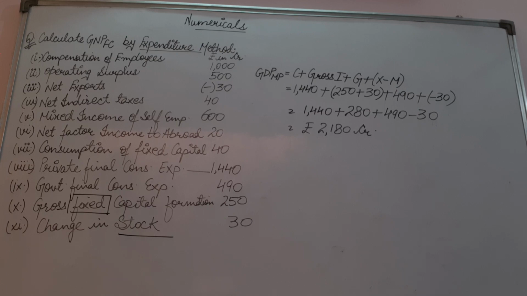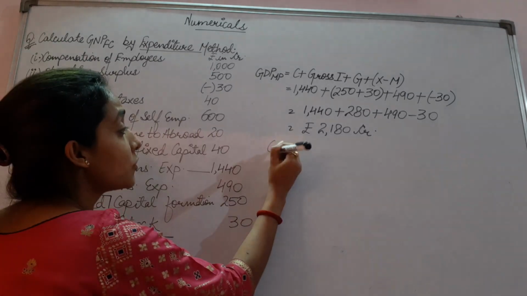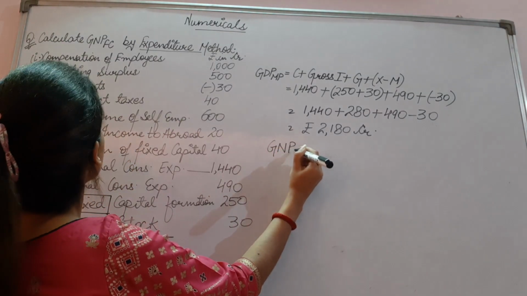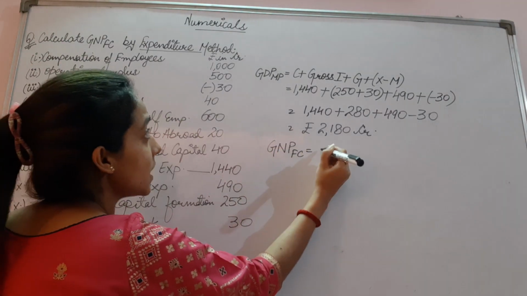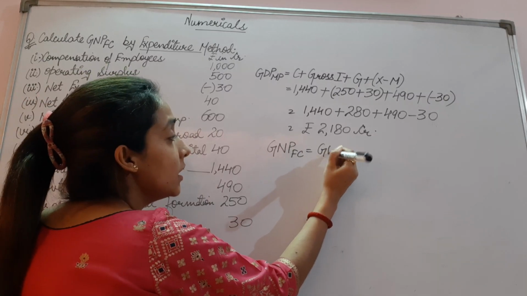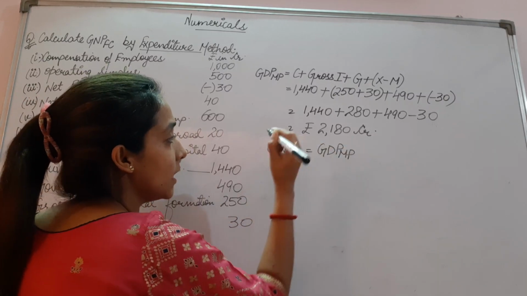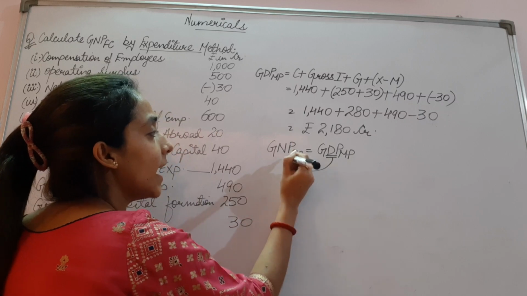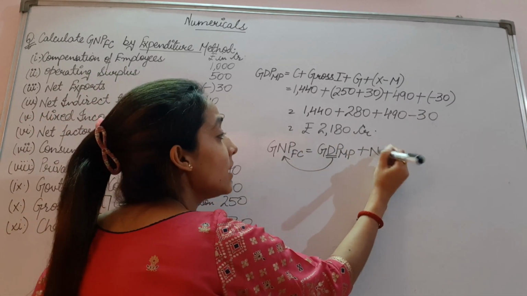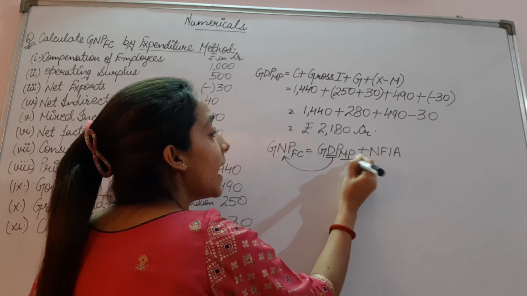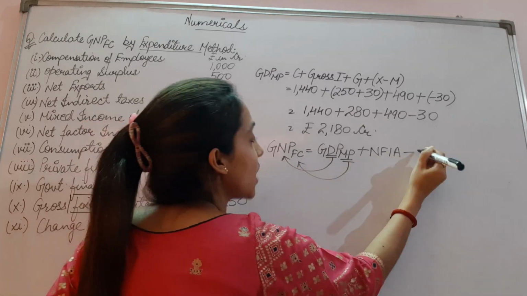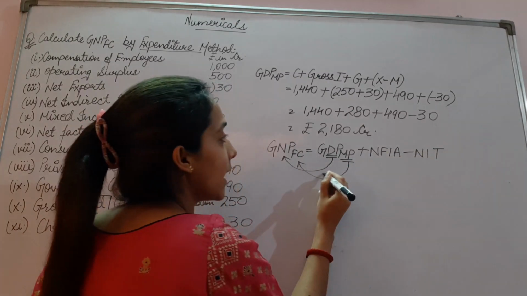But what do we have to calculate? GNP at FC. GDP at MP, from GDP to GNP, plus NFIA, MP to FC, minus NIT.